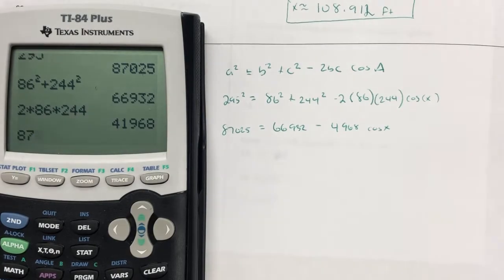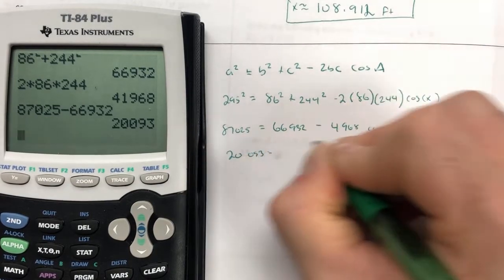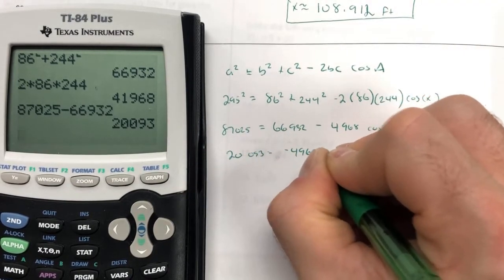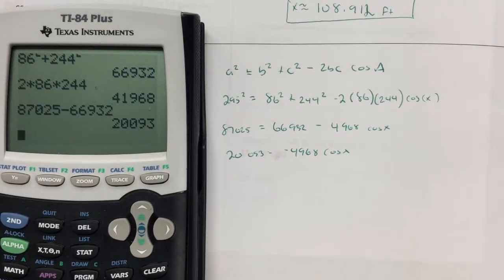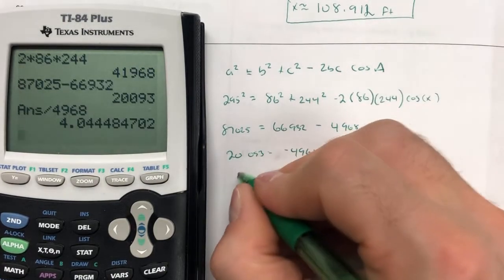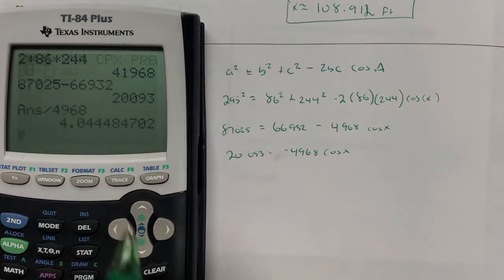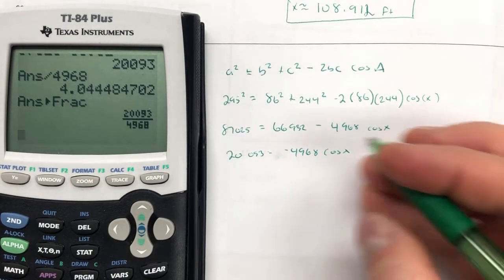So 87,025 minus 66,932. Next thing is I'm going to divide. So I'm dividing that by 4968. And I get that weird decimal. So can I leave that as a fraction? It's just going to be that fraction.